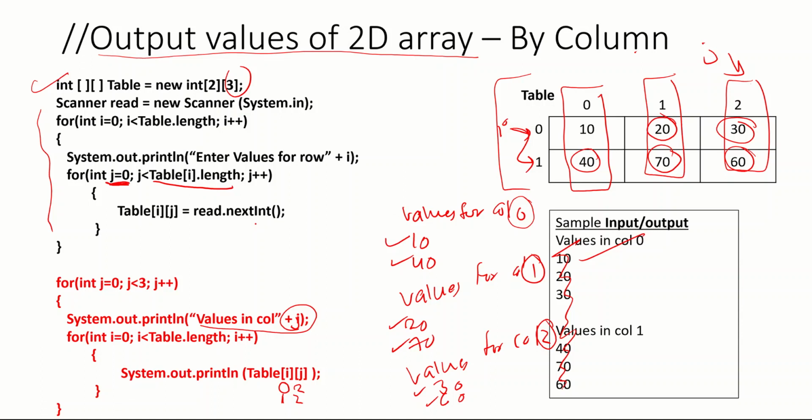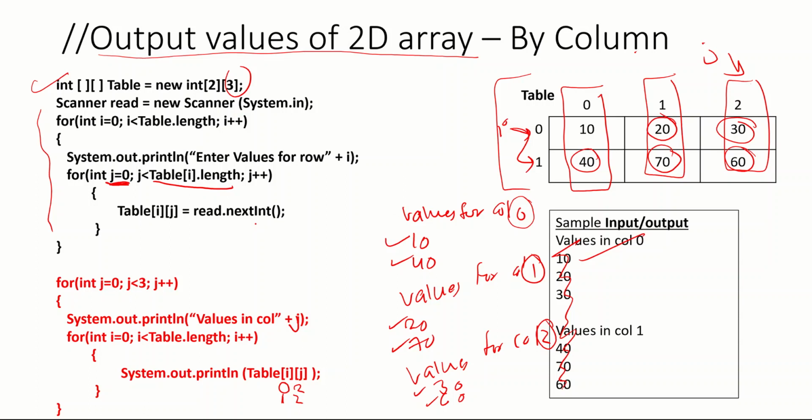So here we have almost the same example as the previous one. Remember, this is a typo, this should be J. Always remember, we need two loops, one for rows, one for columns. The idea is if you need to do the output for each row, you have to start with the row loop, which is for I equals 0, I less than table.length.